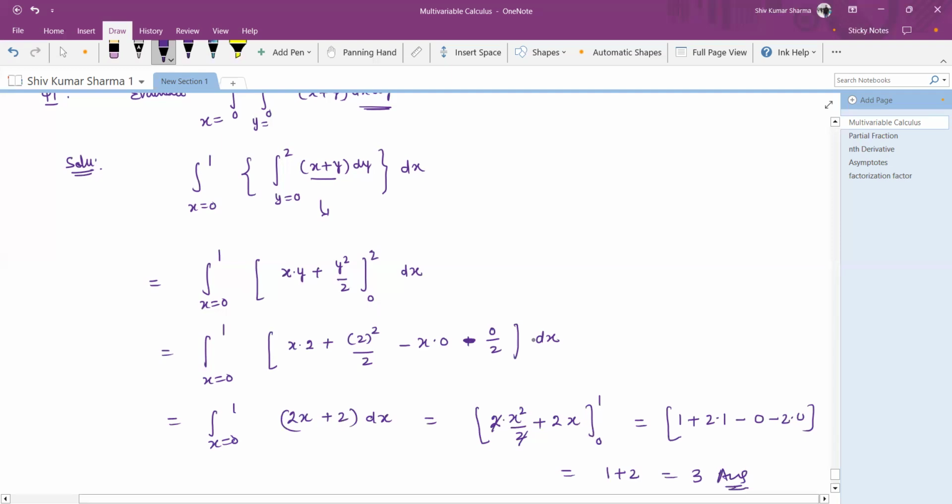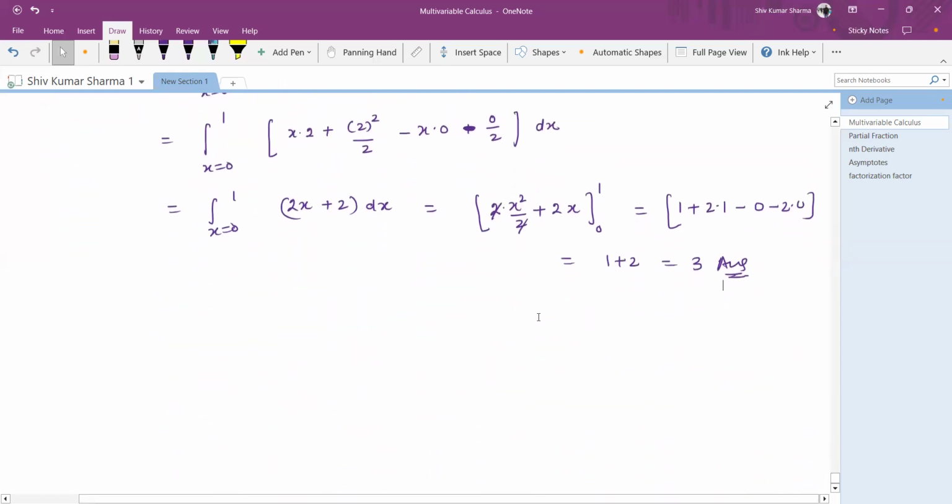Okay, so this is the basic question we have solved related to the multiple integral. Now we move to further questions related to that.